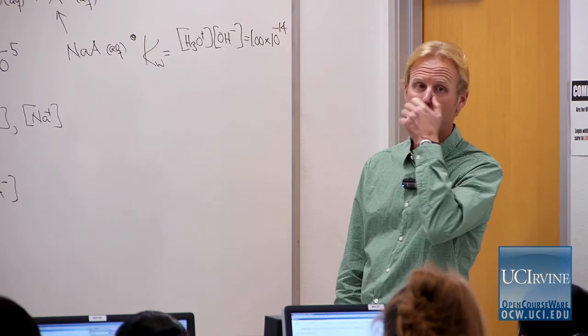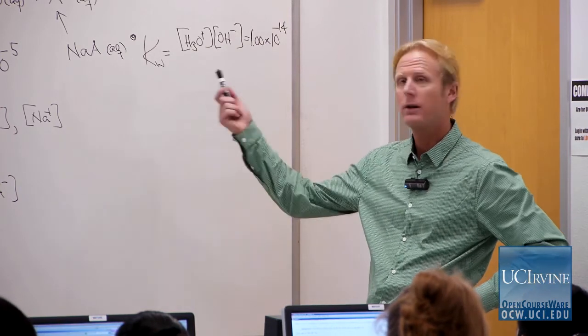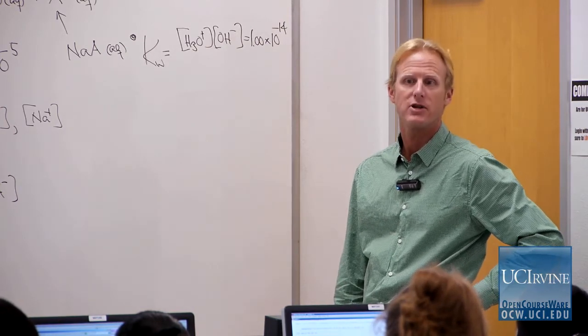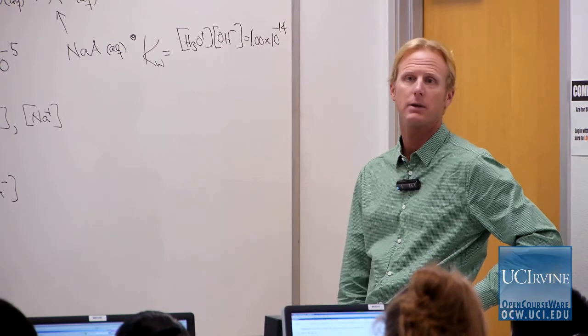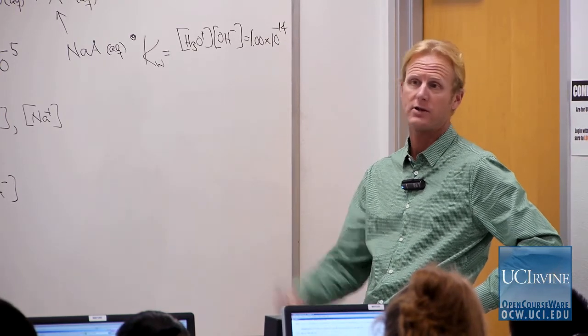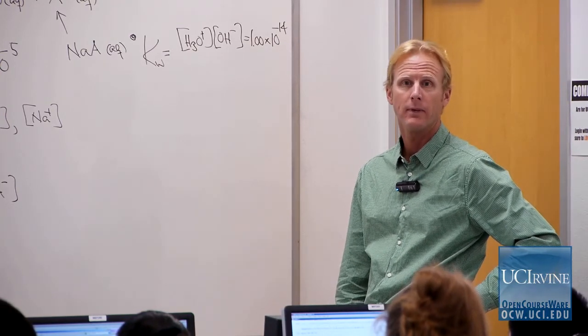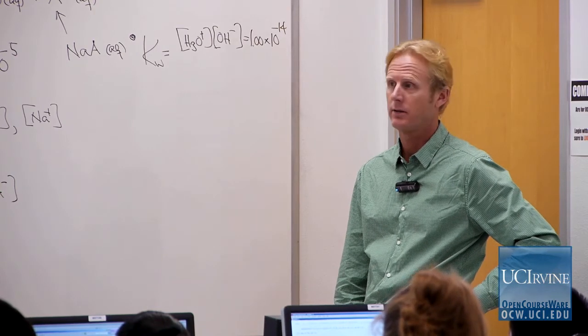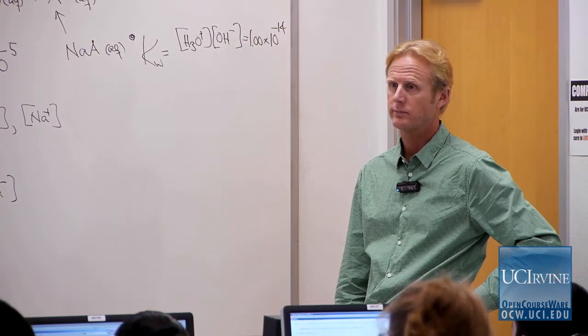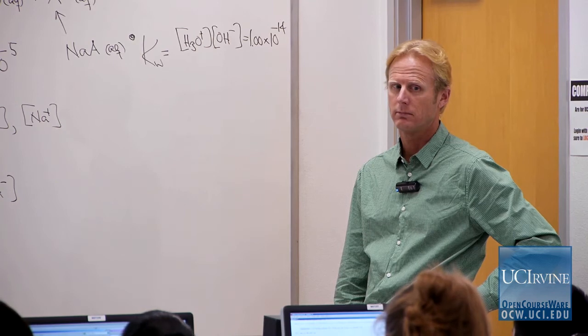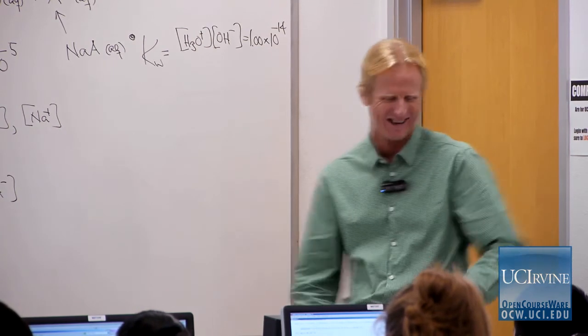It's actually pretty cool. All right, so let's go ahead and do this problem for the general case where we make possibly a buffer, or we just have a weak acid solution, and we're going to solve for the pH. Sound like fun? Okay, I hope so.